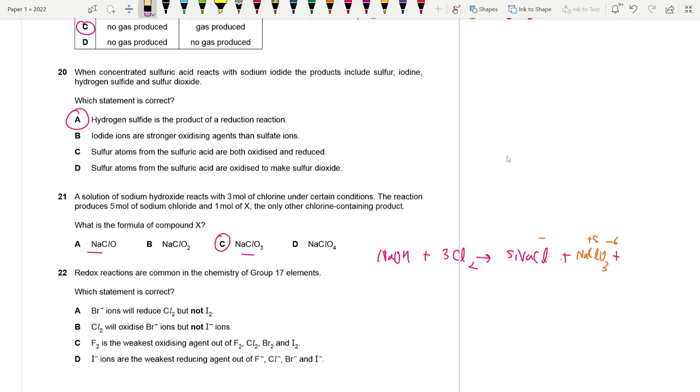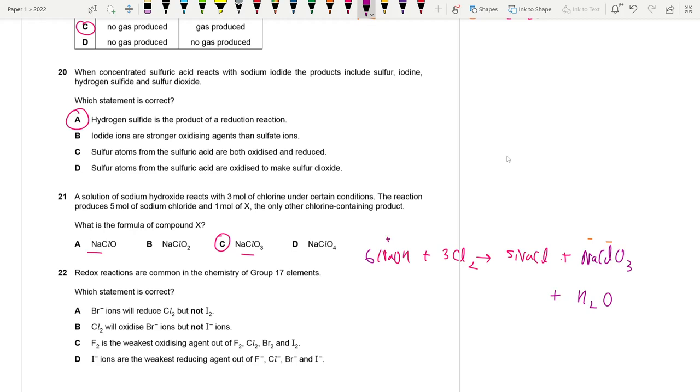So yeah, it's not erasing for some reason. Okay, so we have NaClO3 and 1 mole of X, that's water basically. So yeah, we need 6 moles of this. Do you get it?